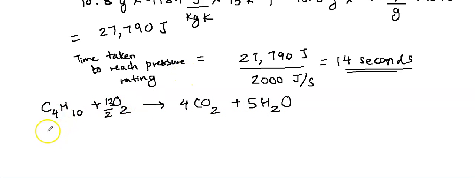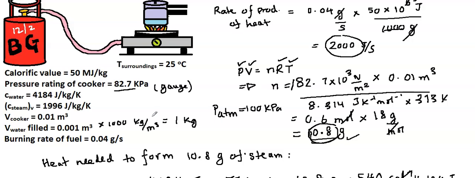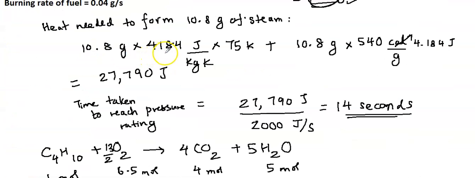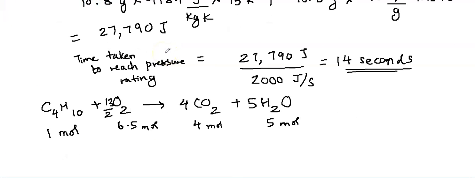Okay, so 1 mole of butane reacts with 6.5 moles of oxygen to form 4 moles of CO2 and 5 moles of water. Right, so now we know that the burning rate is 0.04 grams a second. Okay, actually 1 mole of butane, how much is that?